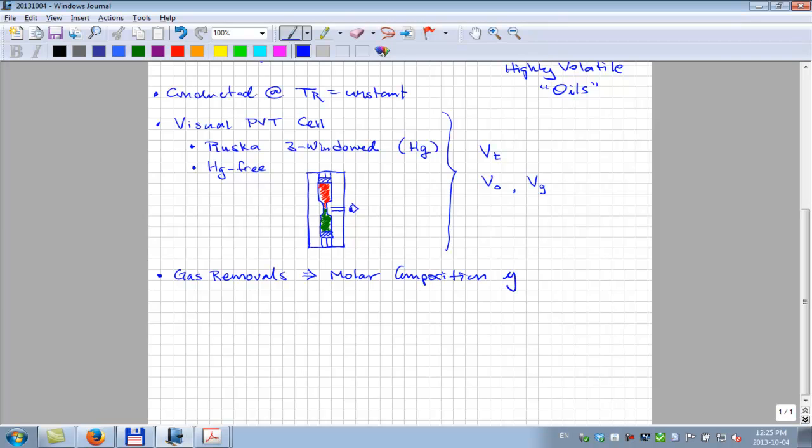Which I'll just write YCVD I, component I. And in particular, you want to get all the components accurate, but you particularly want to get the amount of those components that form liquid at the surface. So certainly C4, 5, 6, 7, and heavier.